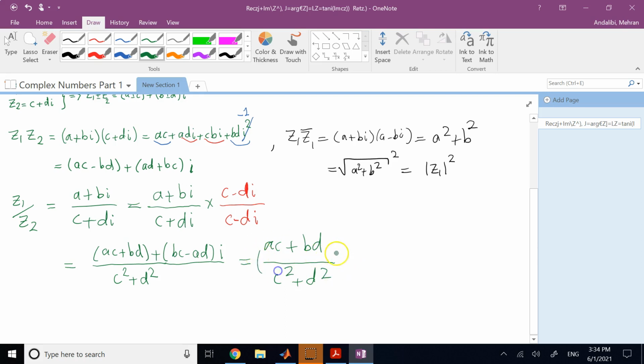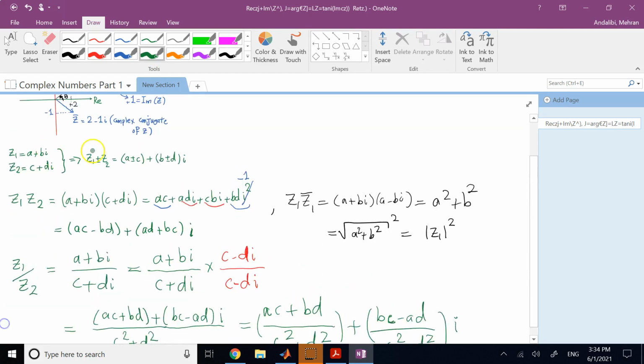That's the real portion of the number, plus the imaginary portion, which is BC minus A times D divided by C squared plus D squared, the whole thing times I. So this is how you divide two complex numbers.